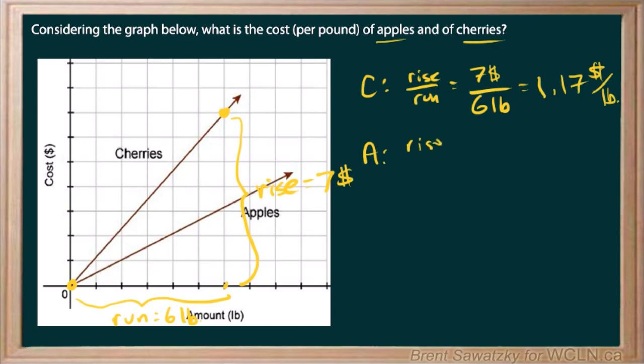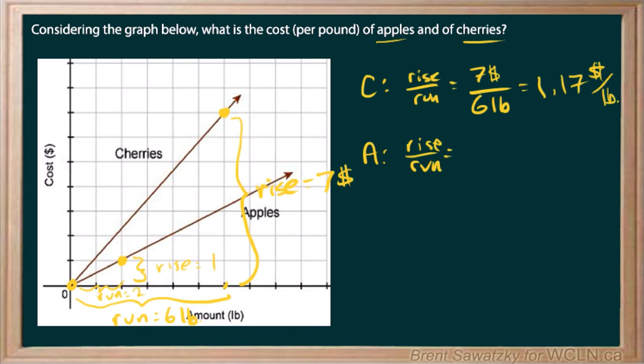Again, rise over run. Good to say how we got our numbers. And let's look for an interception here. Right down here looks like a nice one. And in this case, we can say that the rise is 1 and the run is 2.